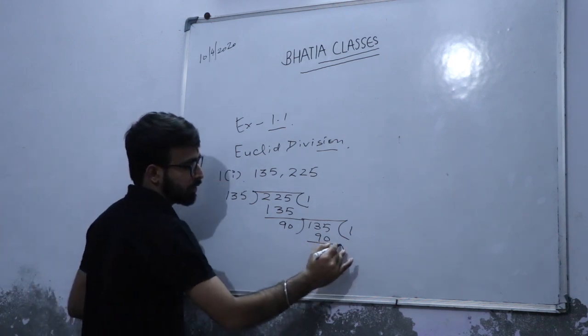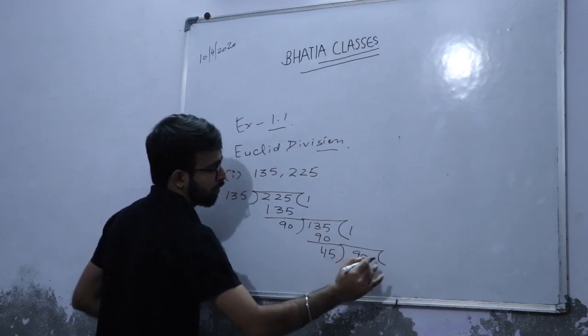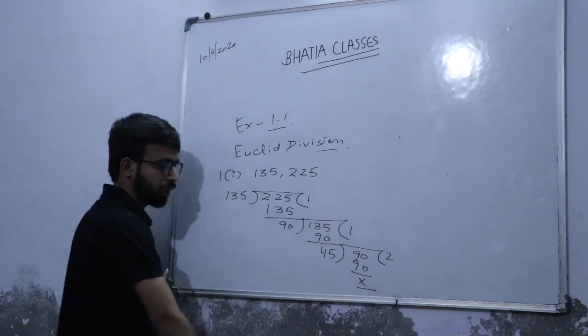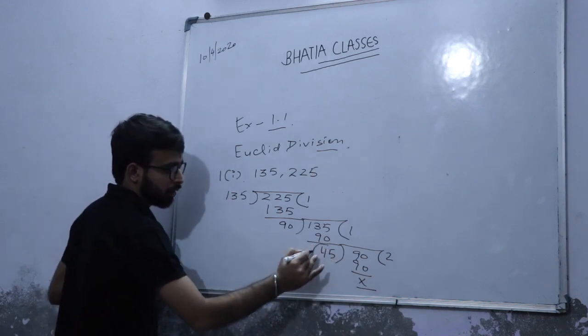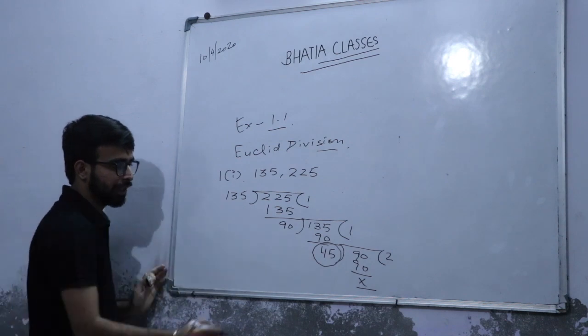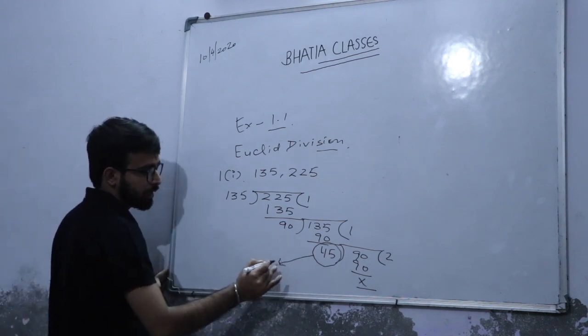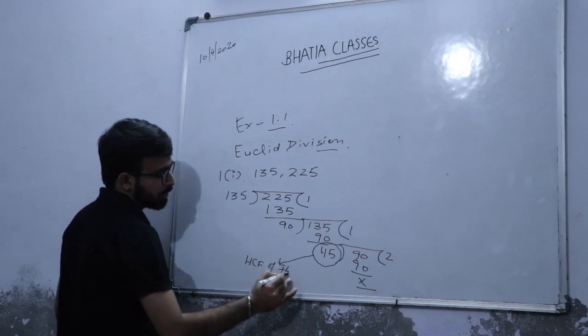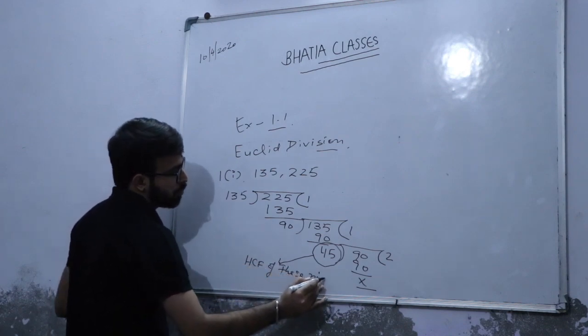Bring 90 as a divisor. 90. 45 to the 90. It got divided fully. The last dividend, here you find 45. That is known as HCF of these numbers.